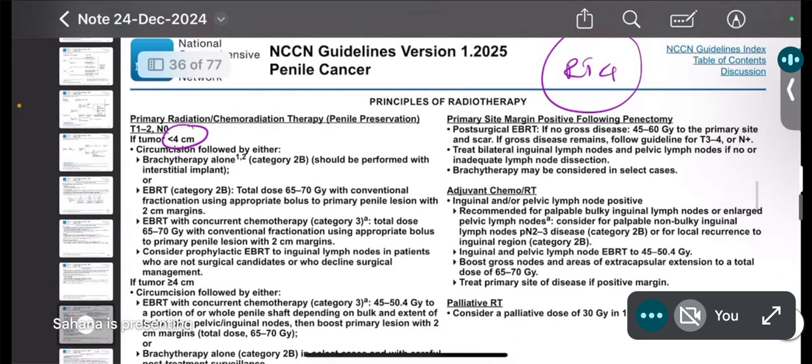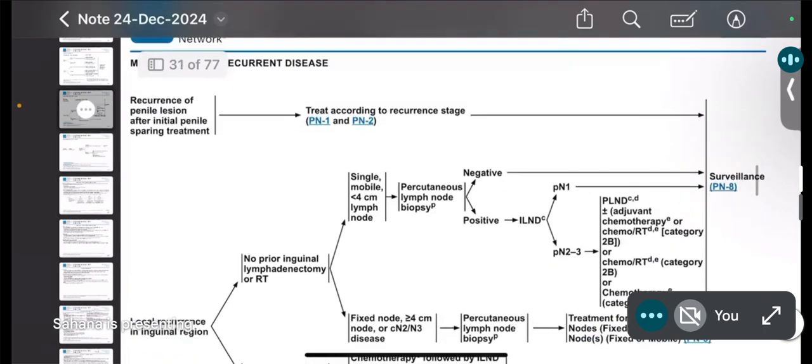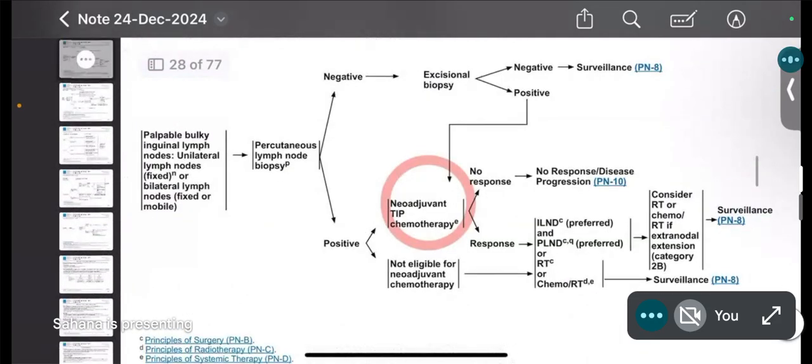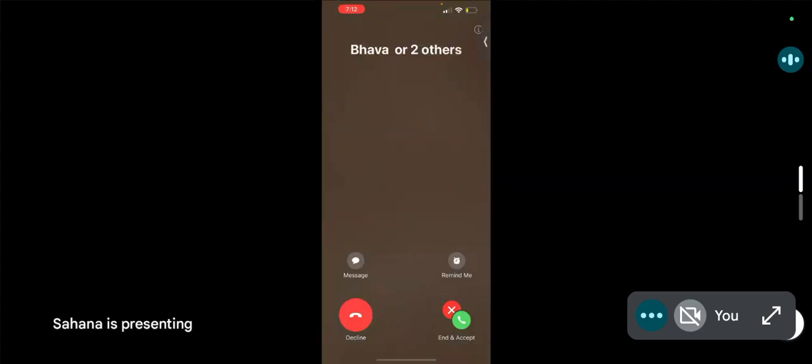For adjuvant, okay, chemo RT adjuvant is for bulky nodes. That is pN2, N3, you have to do some form of extra treatment like pelvic node dissection. Then you have to give adjuvant CTRT. All that is there. For your negative margins, when do you resort to give adjuvant therapy? Surveillance.